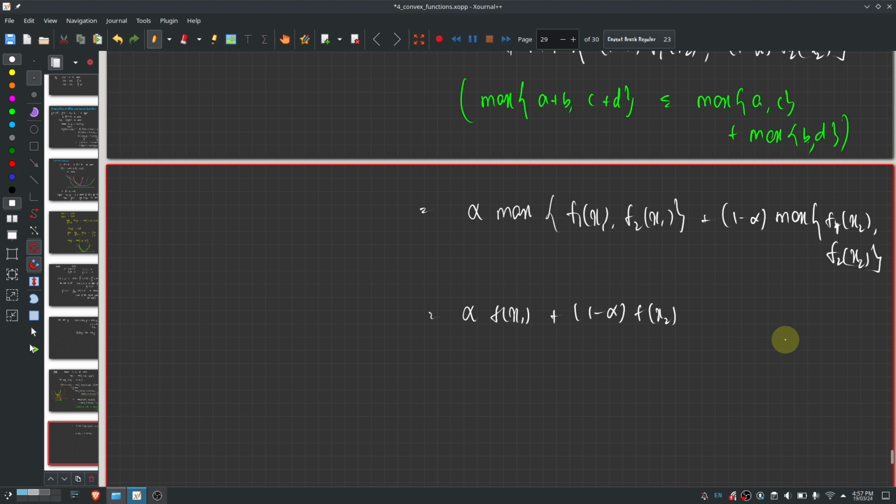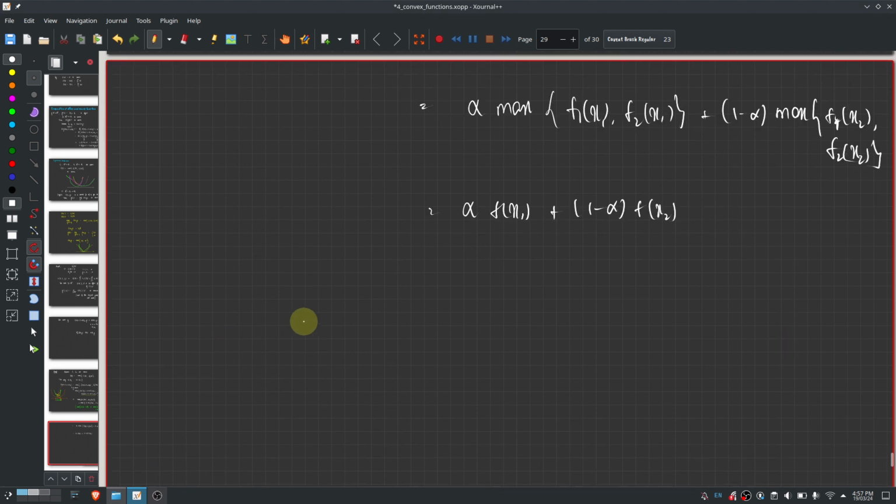In general, the maximum or supremum of any set of convex functions is always convex. So affine functions are also convex.